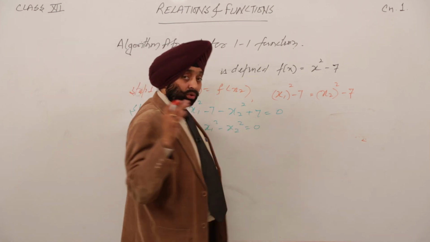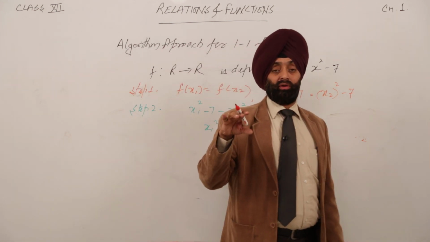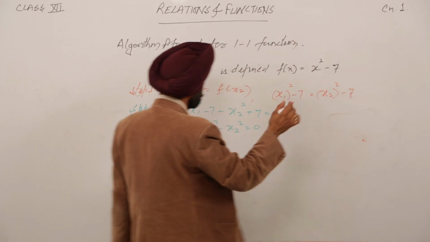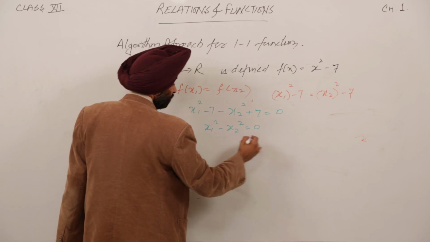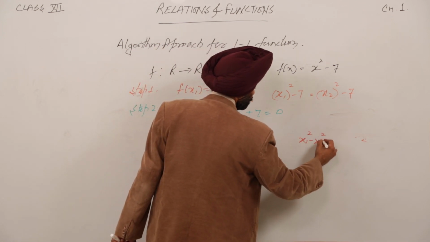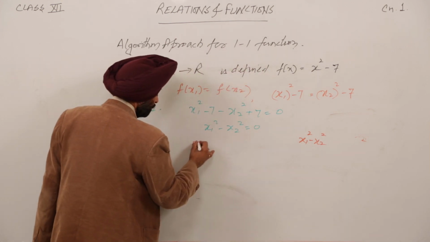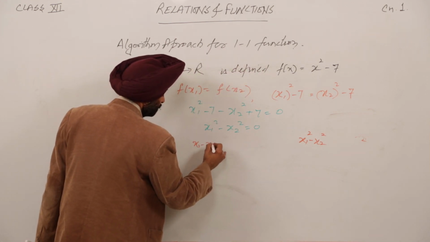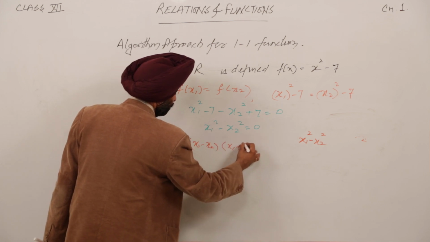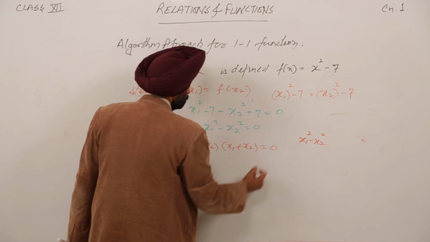Now who is going to tell me the identity for a square minus b square? Yes, good. So x1 square minus x2 square gives us (x1 minus x2) and (x1 plus x2) is equal to 0.